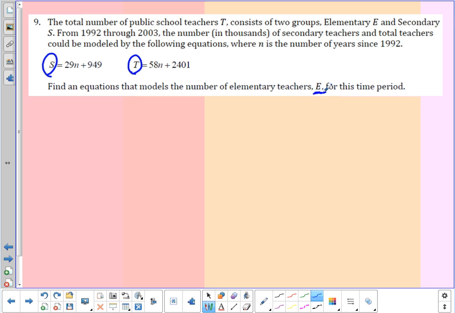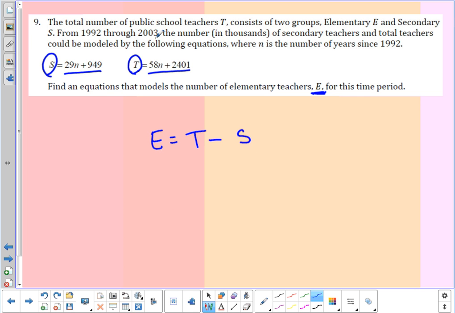So I want to figure out what is E. Well, I know that the total is this, and that the secondary is this. So if I take the total and subtract the secondary, I'm going to get the elementary, because you're either an elementary or a secondary teacher. So I can subtract those two and get the elementary. So I have elementary is equal to total minus secondary.